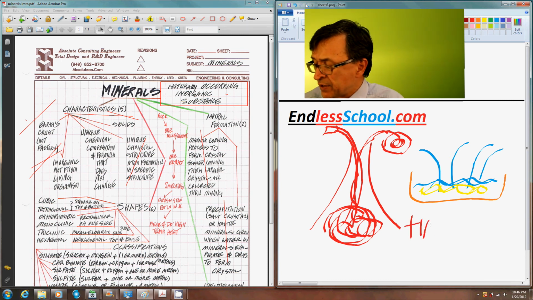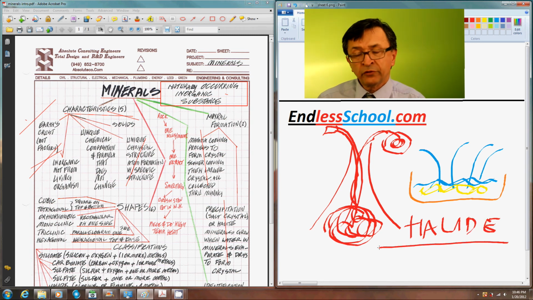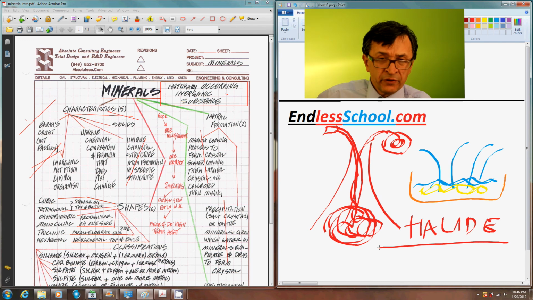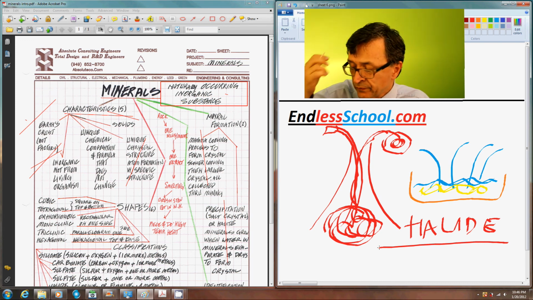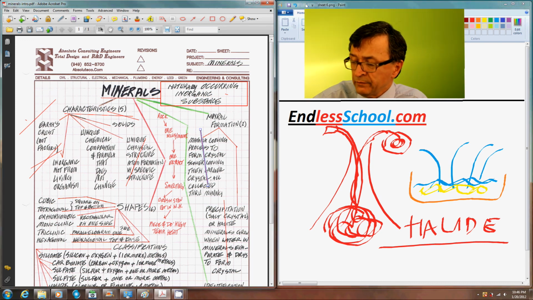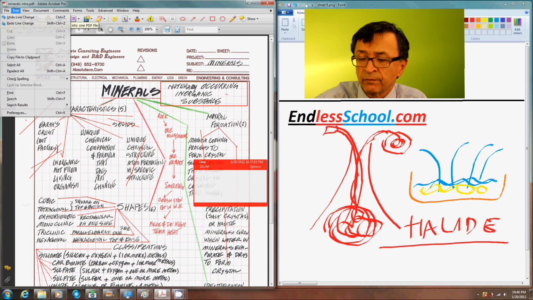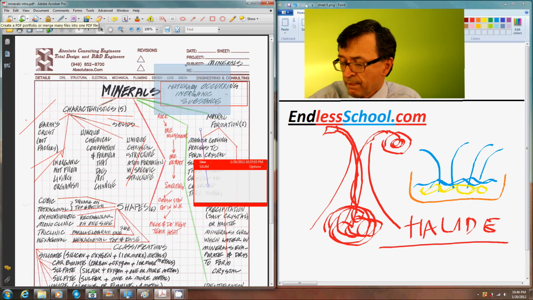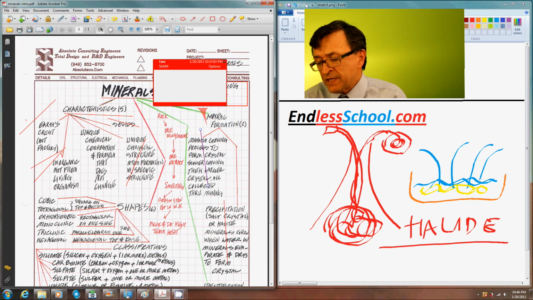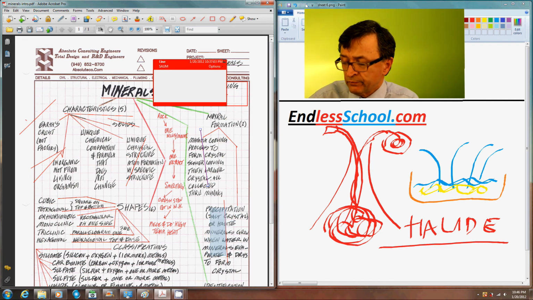And these halides are known as salty crystals, that we consider as minerals. Or the precipitation through the salt, creating salt.